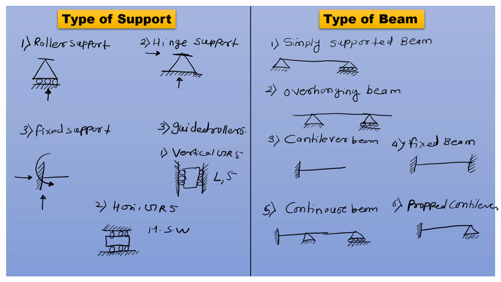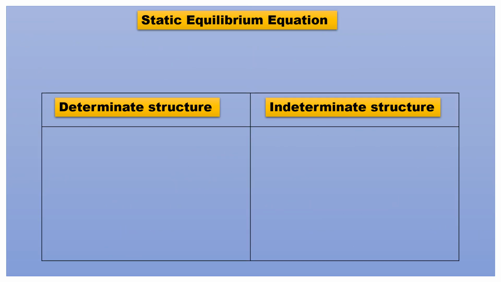Then the next part is static equilibrium equations. There are three. First, summation of H equals 0, meaning the summation of horizontal forces on the beam equals 0.